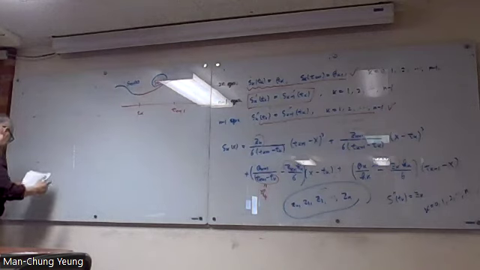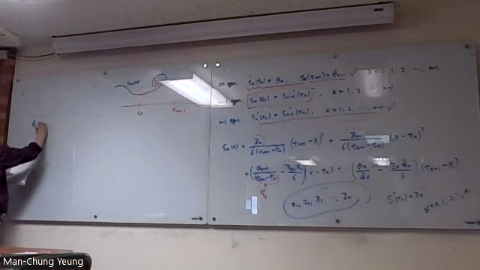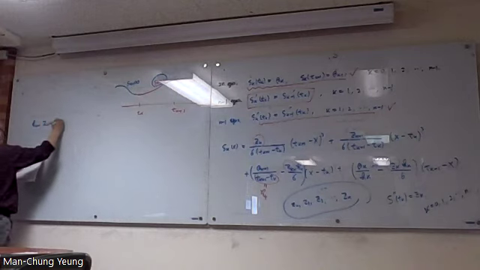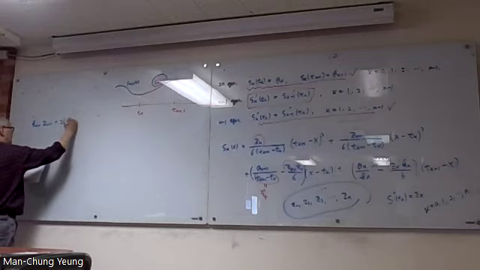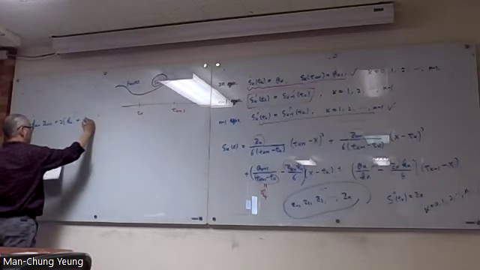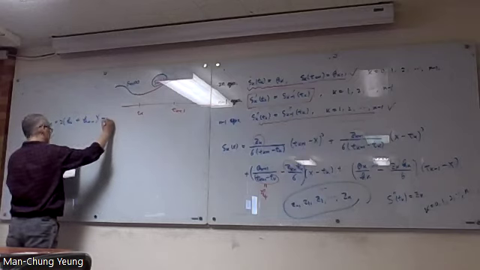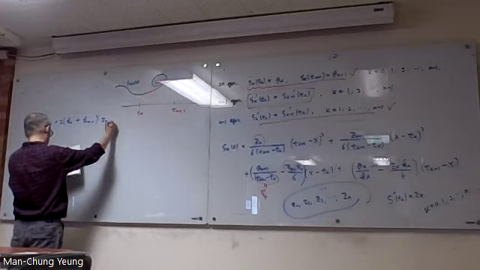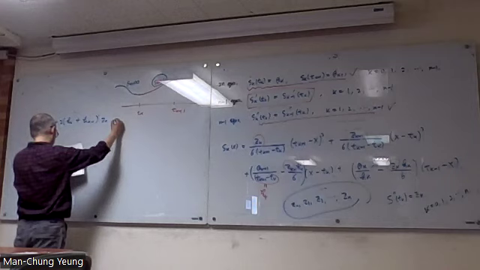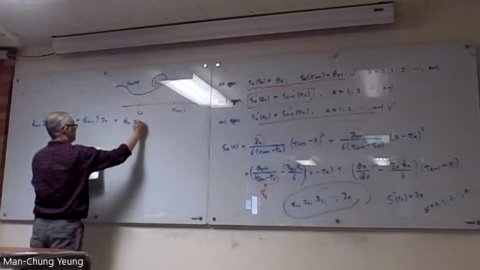Plug in tk, then we have hk minus 1, ck minus 1 plus 2 hk plus hk minus 1, and then ck. Oh, so tedious. hk ck plus 1. Yes.